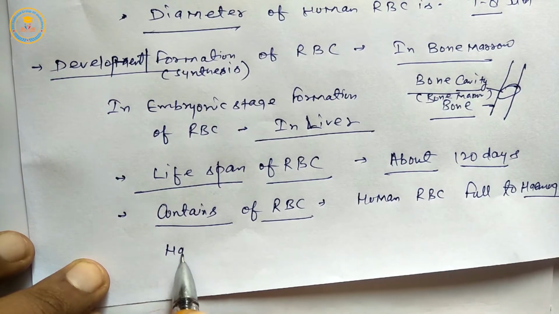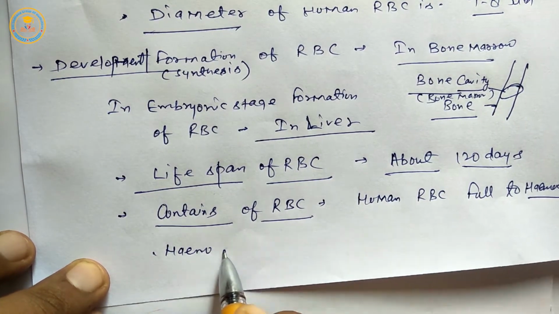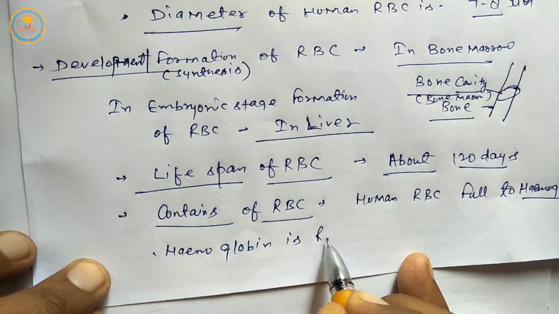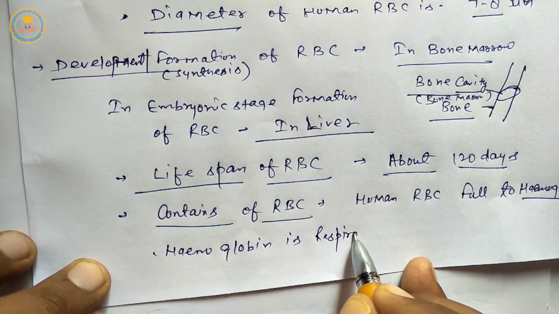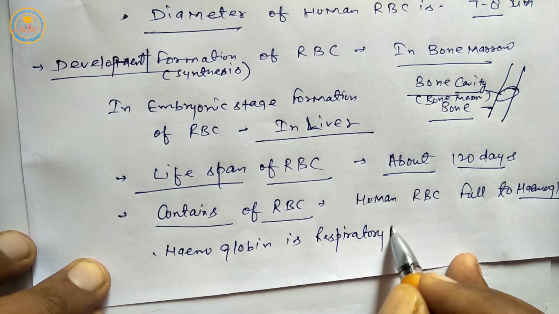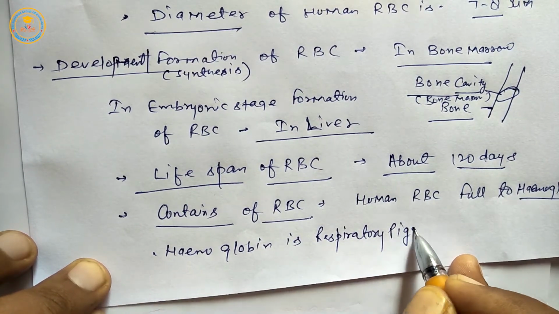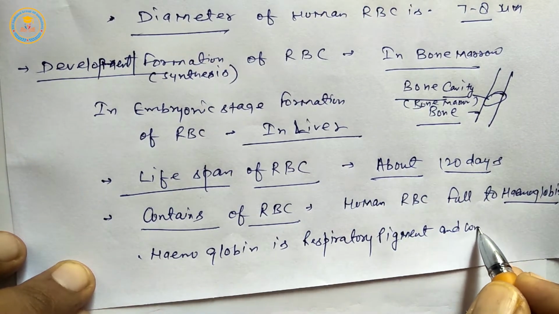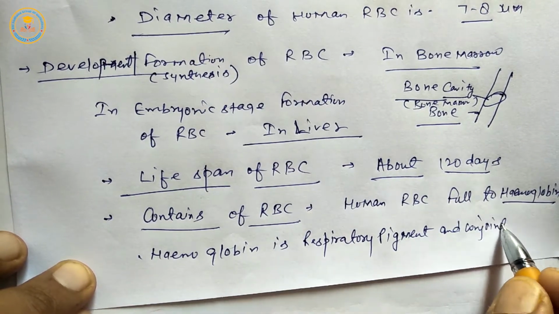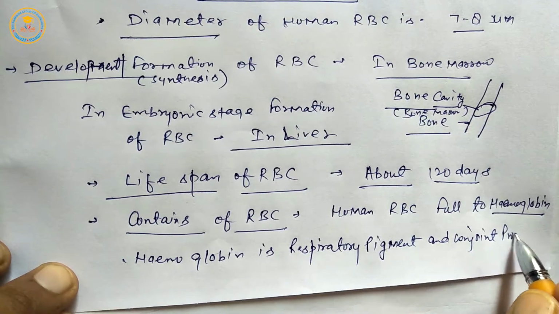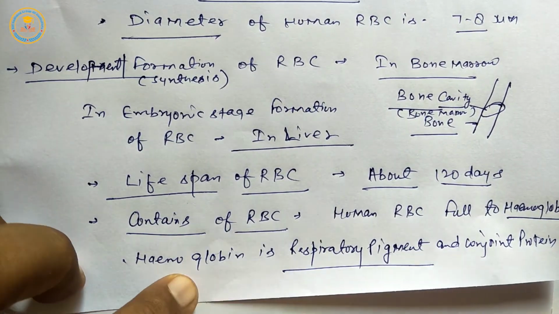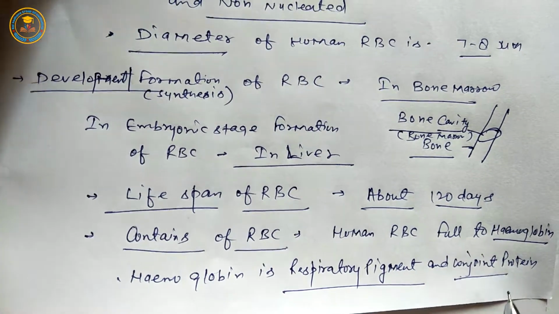Students, hemoglobin is a respiratory pigment and compound or conjoint protein. It is respiratory pigment. Second, it is conjoint protein.